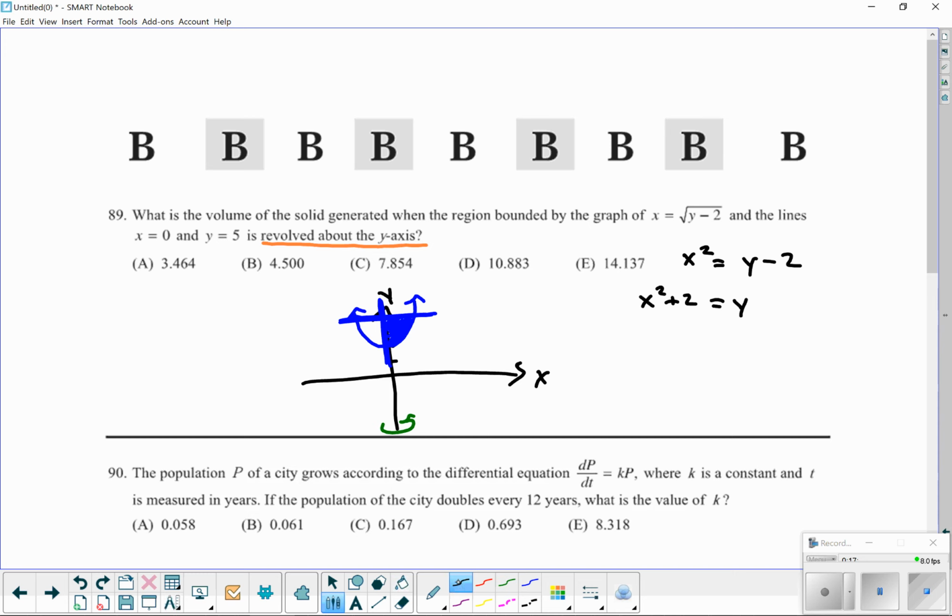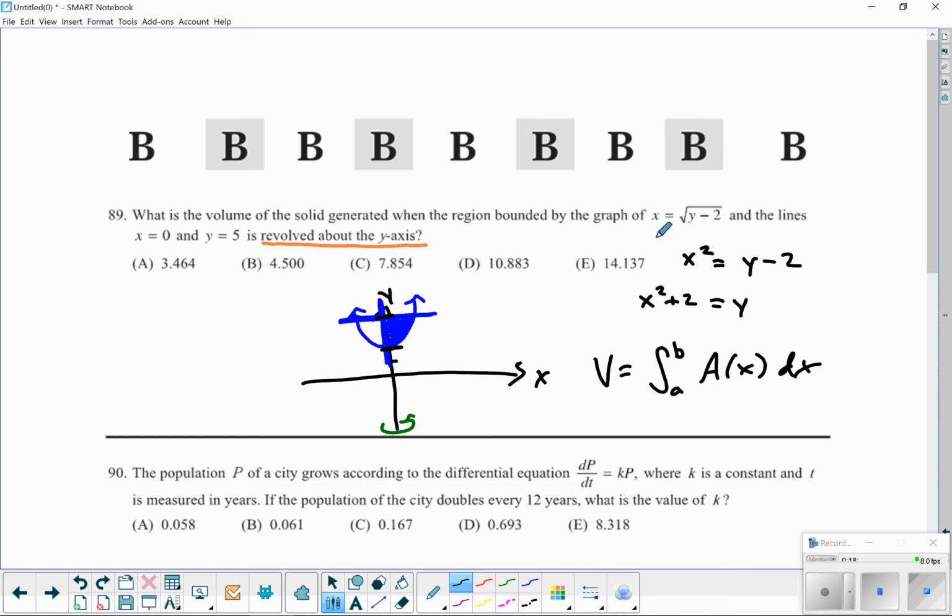the volume is going to equal the integral from a to b of the area. The limits a to b go from 2 to 5, because that's where the region is.